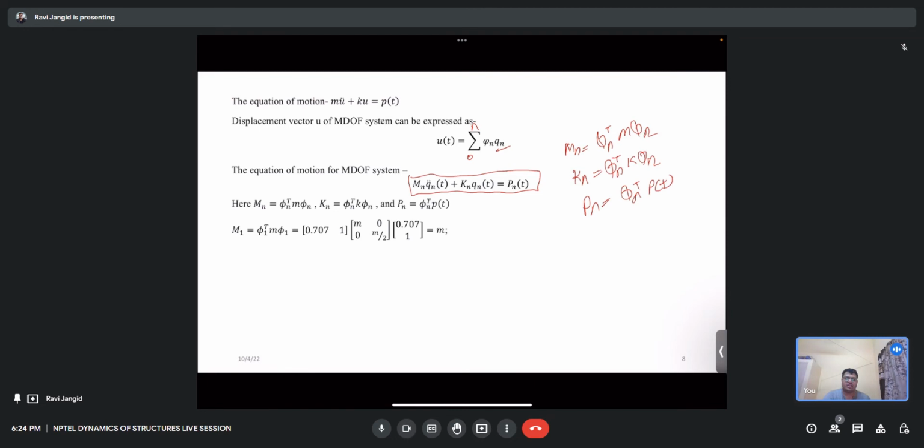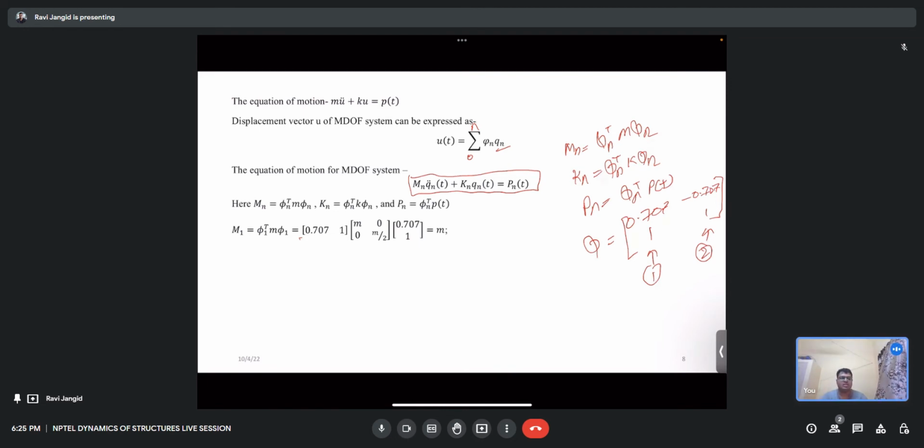So M1 is phi 1 transpose m phi 1. For the mode shape vector, what we had was 0.7071 and 1 for mode shape 1, and minus 0.7071 and 1 for mode shape 2. Here for M1 we use the first mode shape phi 1.